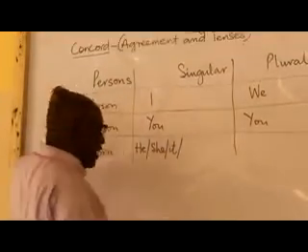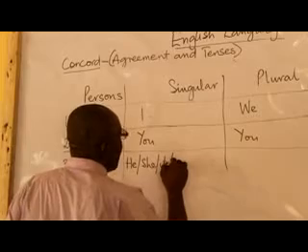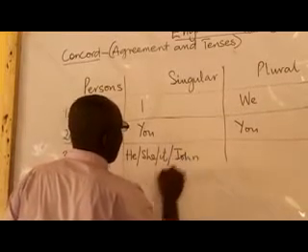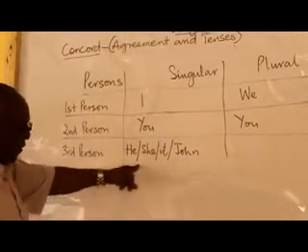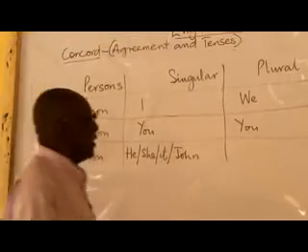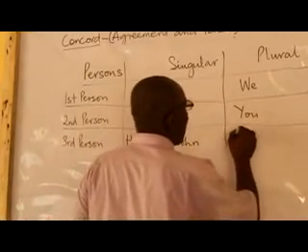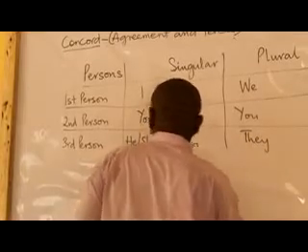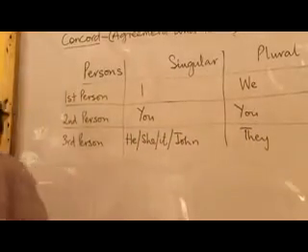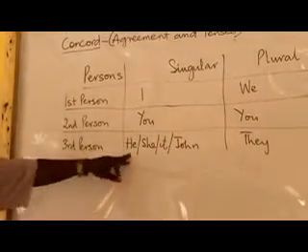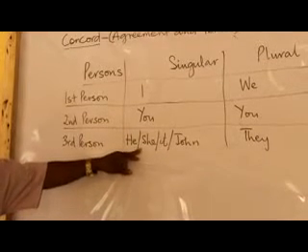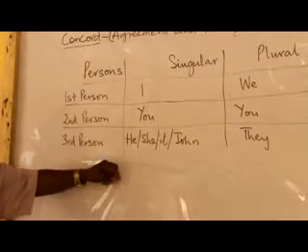Okay, let's use a name. Let's use John. Any proper noun comes into third person singular. The plural of third person singular is they. So here is where the problem lies with most of the persons who get confused.